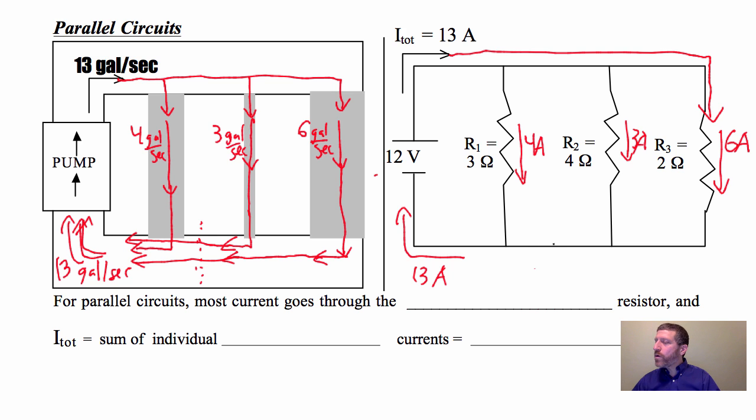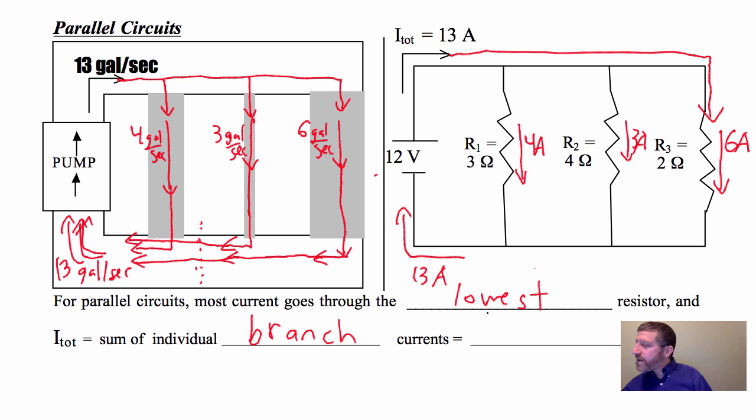So, in general, for parallel circuits, most current goes through the lowest resistor. Just like in a pool, if you punch a bunch of holes in an above ground pool, the widest hole is where most of the water flows out. And the total current is the sum of the individual branch currents.